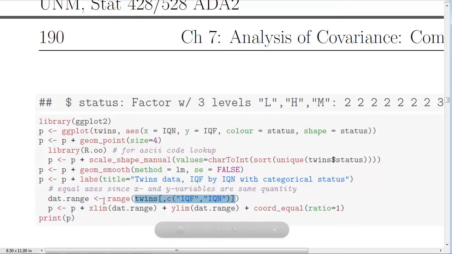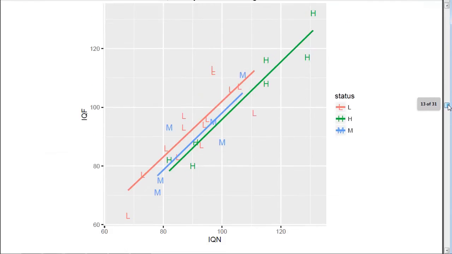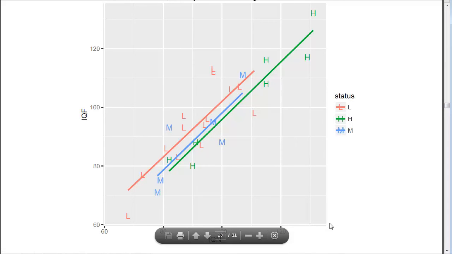So that's the range function is going to give us the minimum and maximum values together. And so here I'm setting both the x limits and the y limits as being the minimum and maximum of both columns combined. And that means that these square axes, if I zoom back out, have the same range from 60 to almost 140.